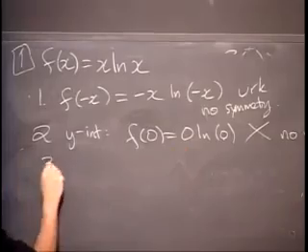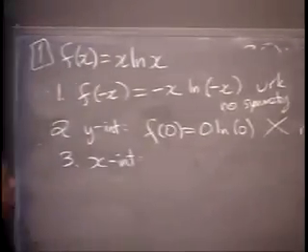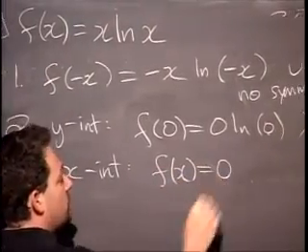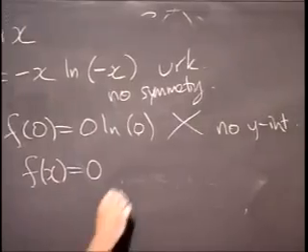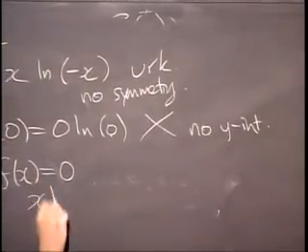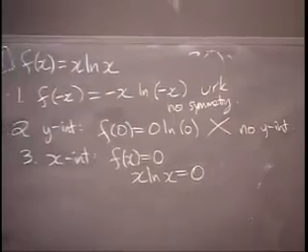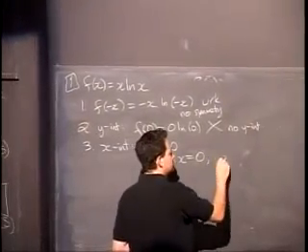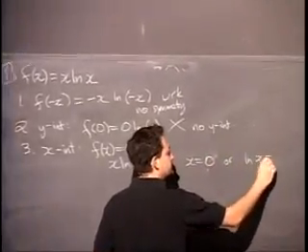Okay, how about the x-intercepts? Well, f of x equals 0, put y equals 0. y is the same as f of x. So you get x log x equals 0. When does that happen? When either x equals 0 or log x equals 0.